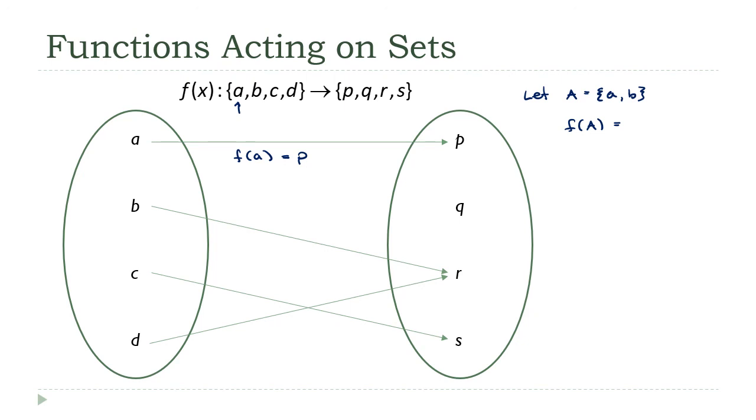The image of a subset is, generally speaking, going to be a set. And here, let's see, A goes to P and B goes to R. So here I would say f of A is equal to the set {P, R}.